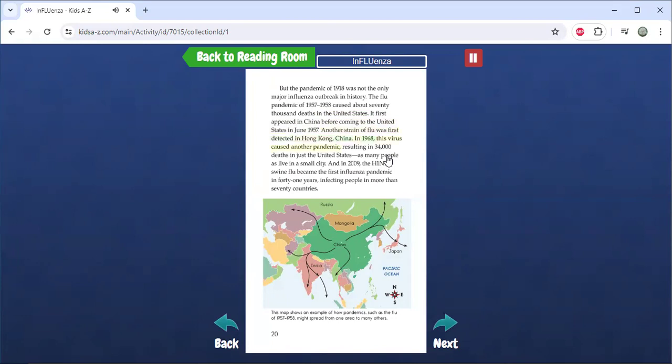In 1968, this virus caused another pandemic, resulting in 34,000 deaths in just the United States, as many people as live in a small city. And in 2009, the H1N1 swine flu became the first influenza pandemic in 41 years, infecting people in more than 70 countries.